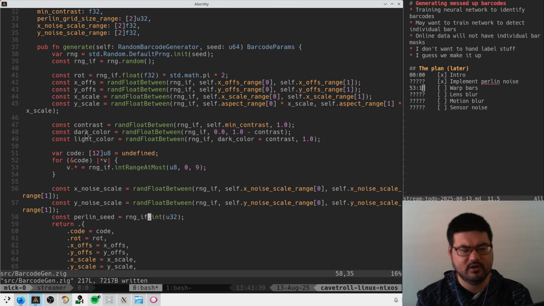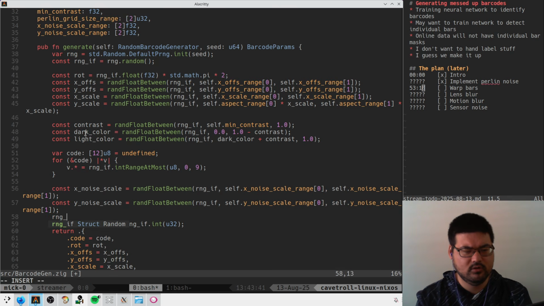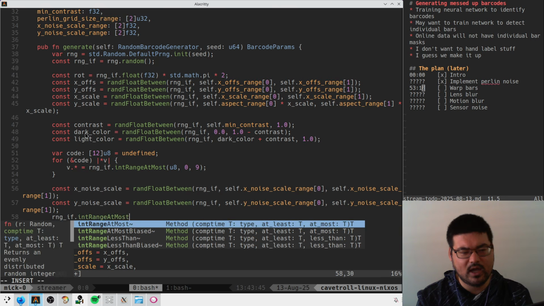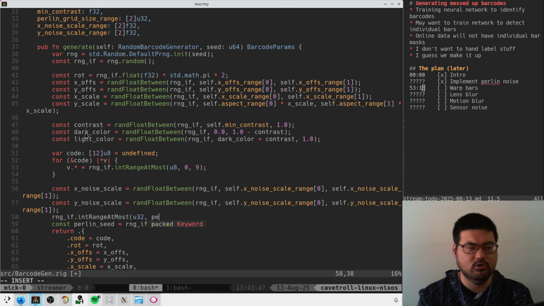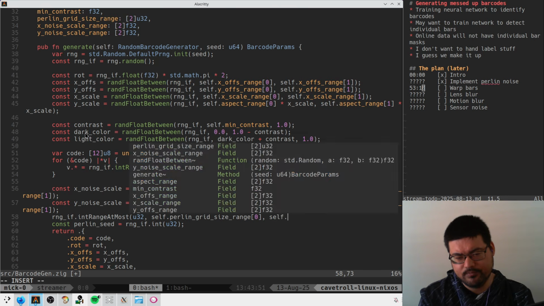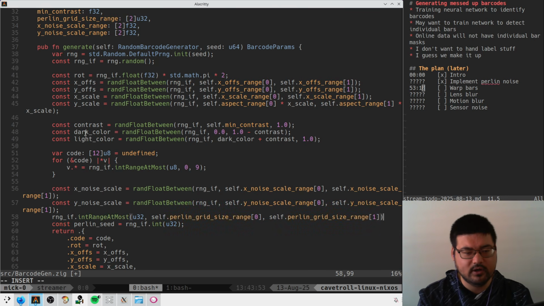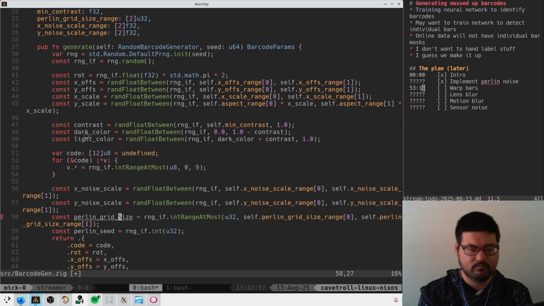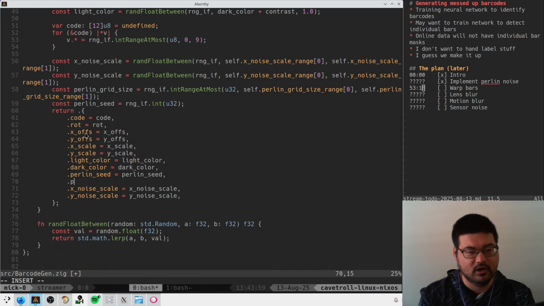Do they have like int range? Nice. At most U32, Perlin grid size range 0. Perlin grid size range 1. Oh, I'll just shove that in here.